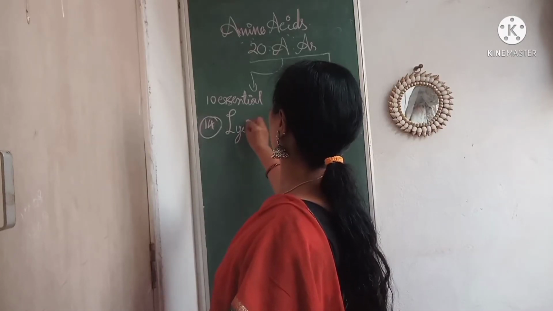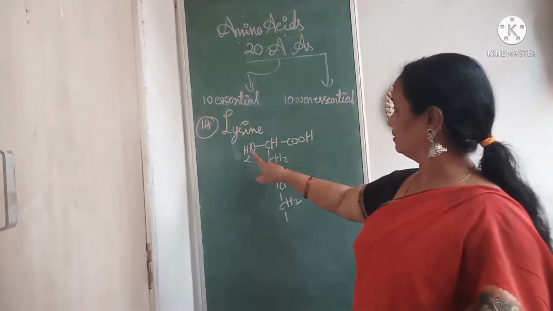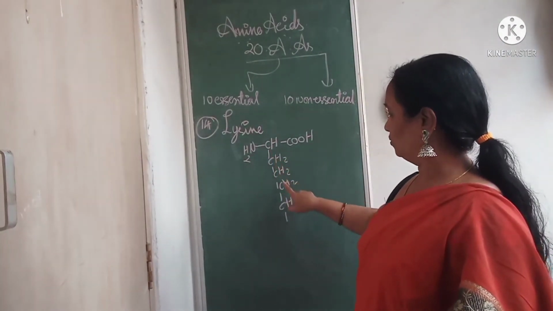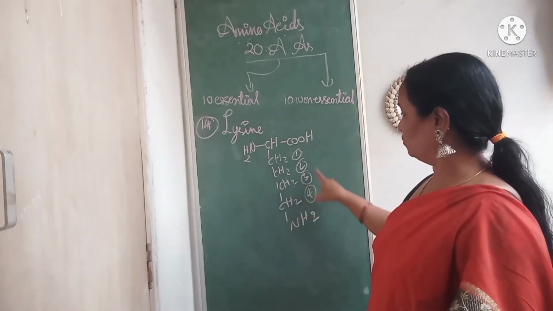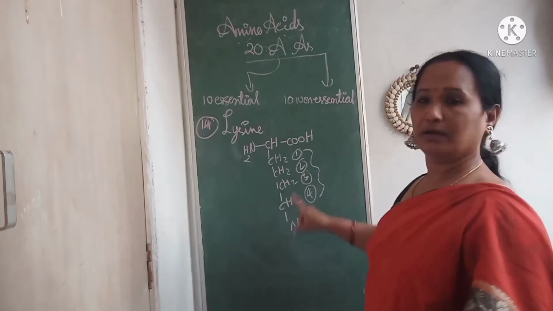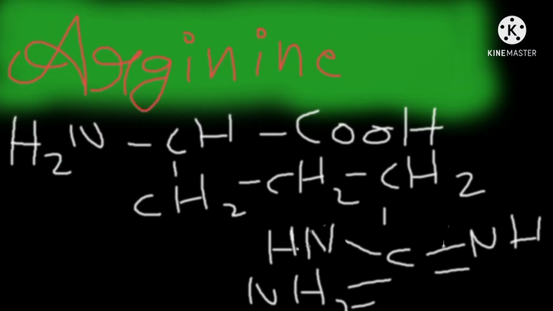When we draw the structure of lysine, we find four CH2 groups and after that an amino group. So there is an addition of an amino group to this lysine. It is basic in nature. In lysine there are 4 CH2 groups and 1 NH2, whereas in arginine there are 3 CH2 groups, 2 NH and 1 NH2.